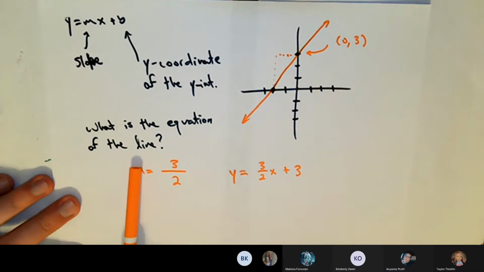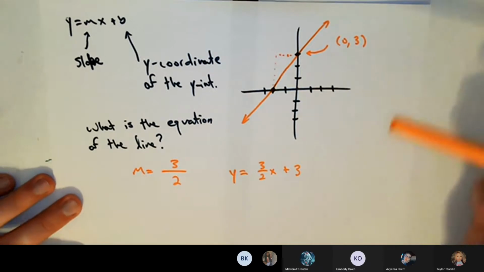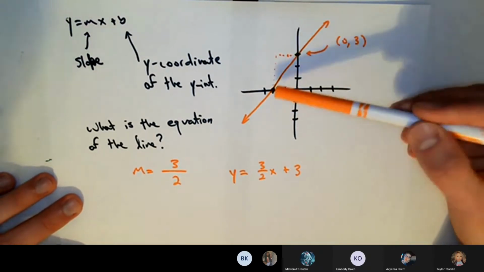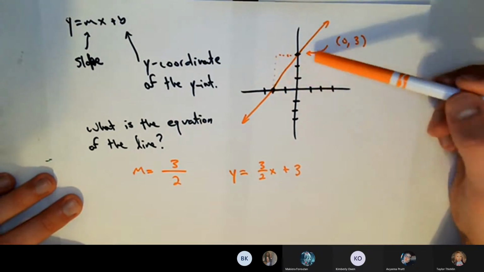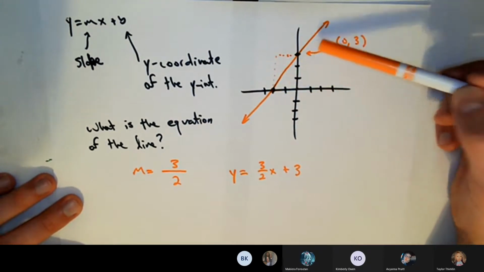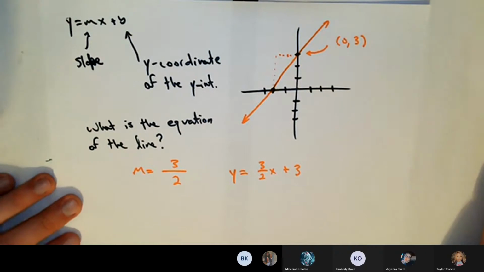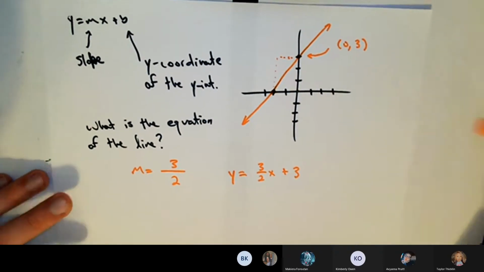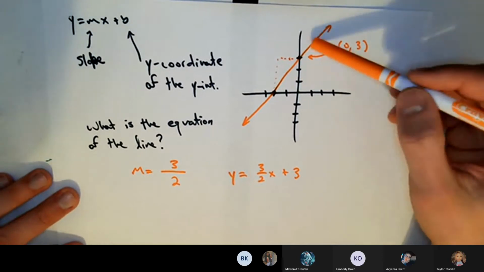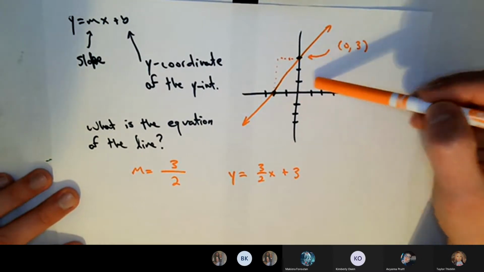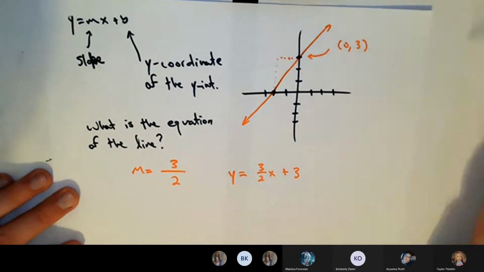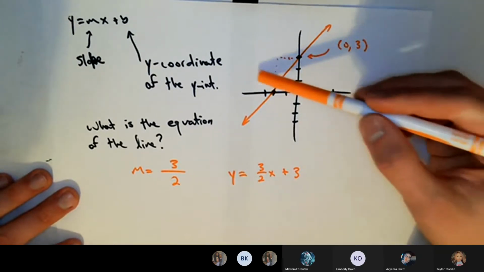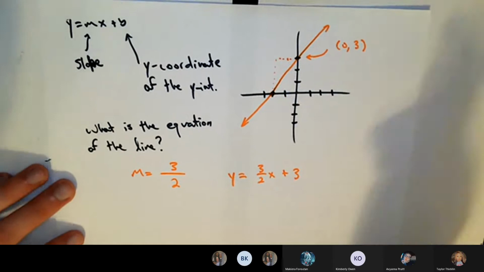To find the equation of a line given a picture, it's a matter of finding 2 clean points and counting off the slope, rise over run, and then noting where the y-intercept is and tacking that onto the back. And of course, slopes can be negative. If it goes down and to the right, then that's a negative slope. You can have a negative y-intercept too if the line's down here.